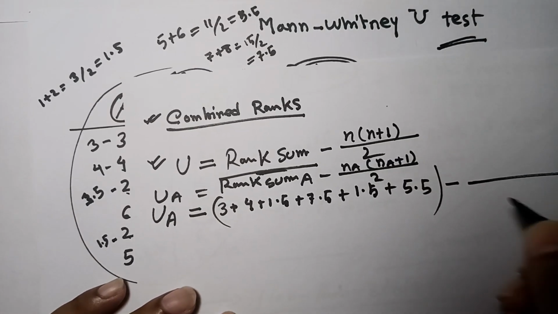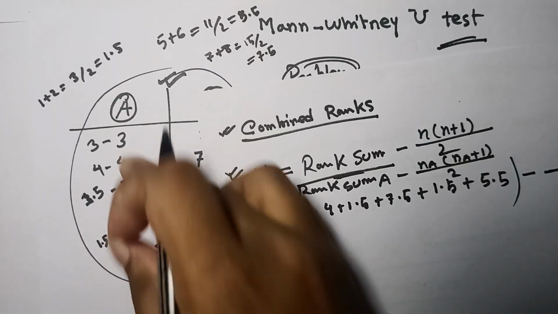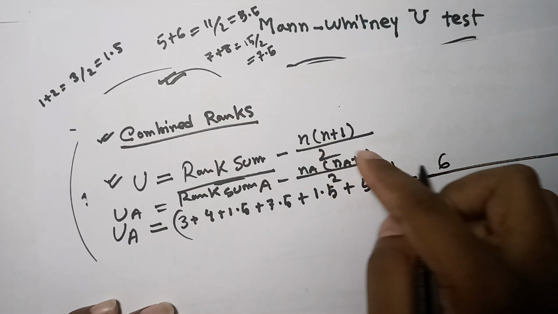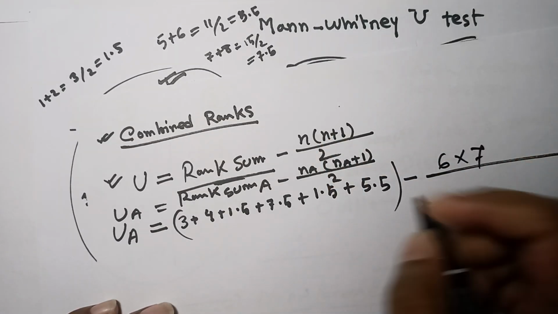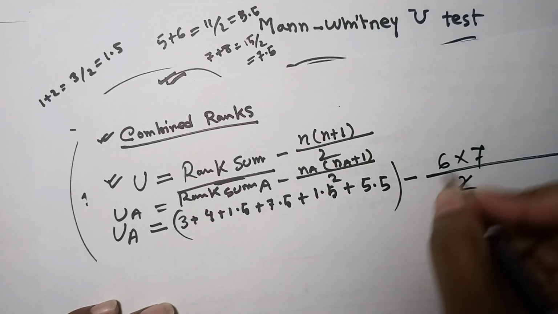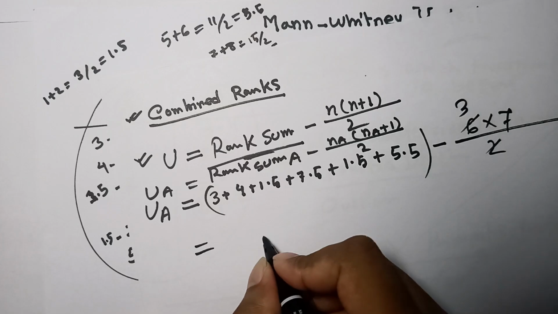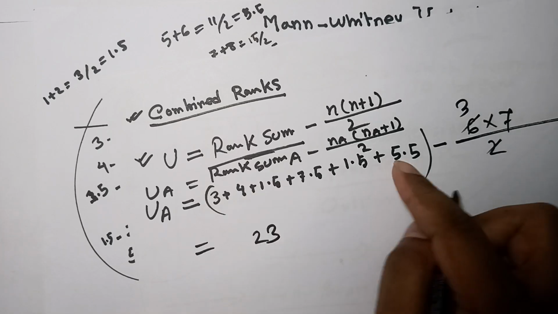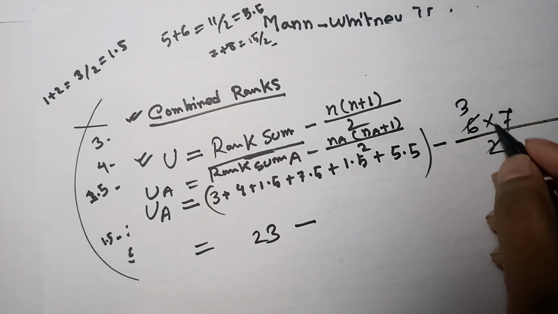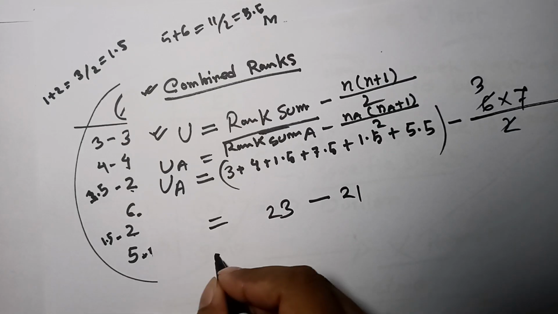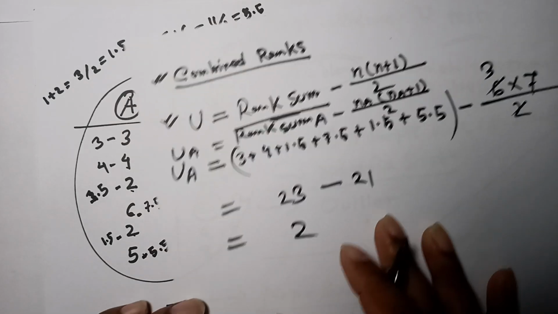Now we have Na, that means 6 into 7 and 2. It will be 21. And if you do that, you will find 23, and we have 21 here, and we get 2.